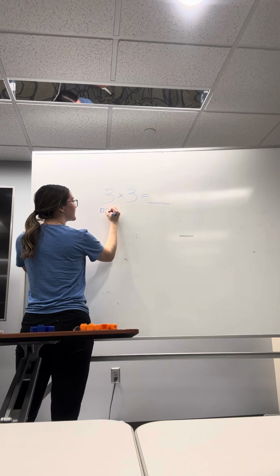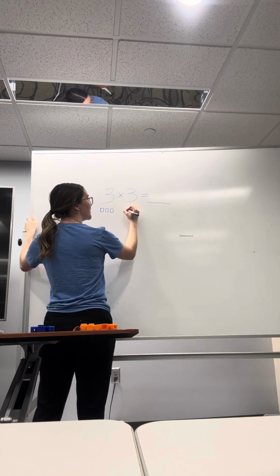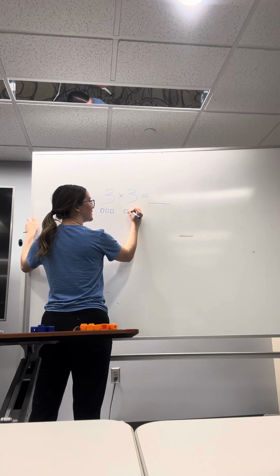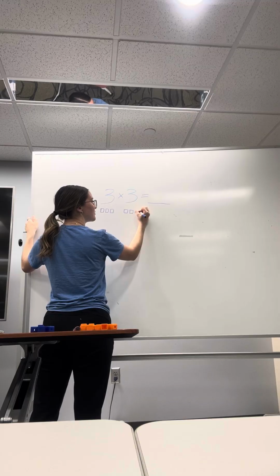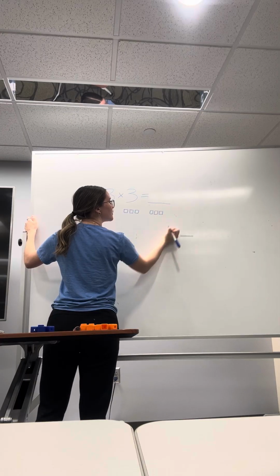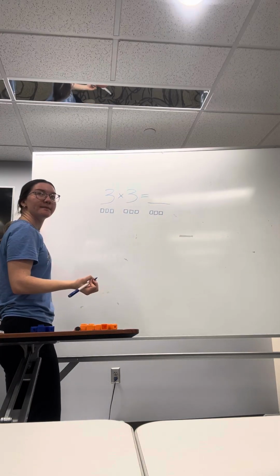1, you guys can count with me, 2, 3, okay? I need a new group, right? Yep. You guys tell me when I need a new group. 1, 2, and 3. Yep, new group. 1, 2, 3. Does that look right? Good job.